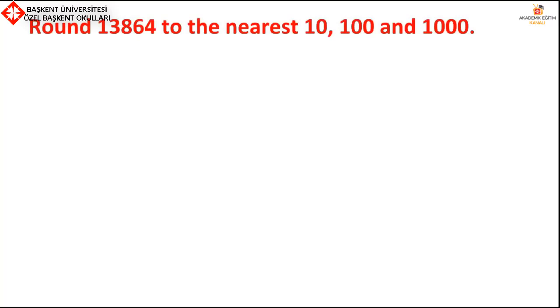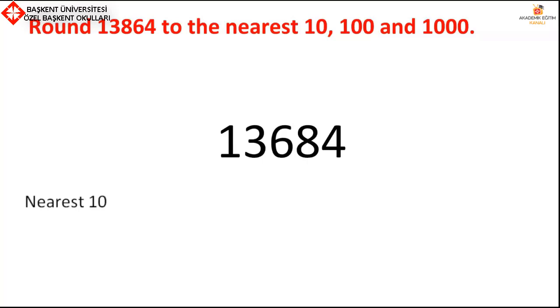So, let's look at rounding 13,864 to the nearest 10, 100 and 1000. So the nearest 10, is it going to be 13,680 or 13,690? First of all, we have to look at the digit next to the tens.